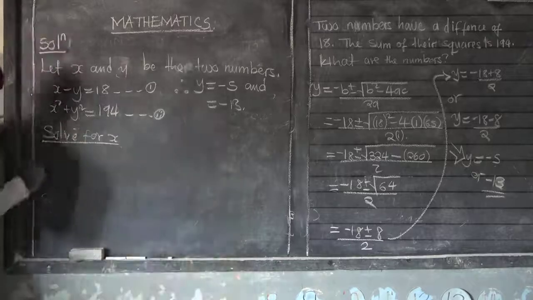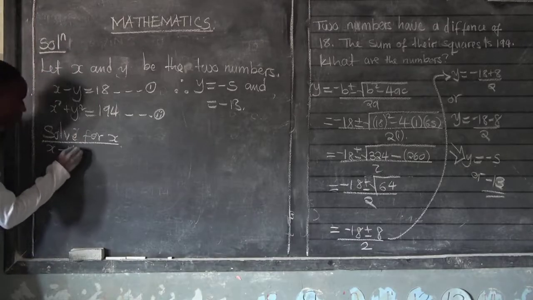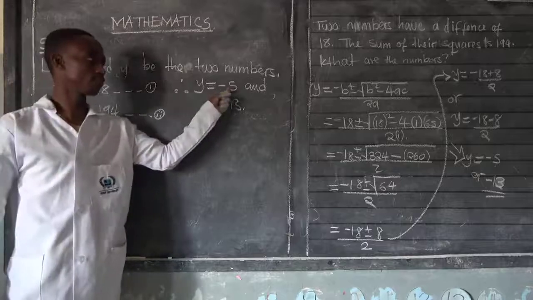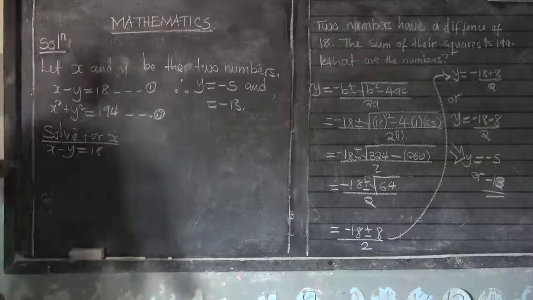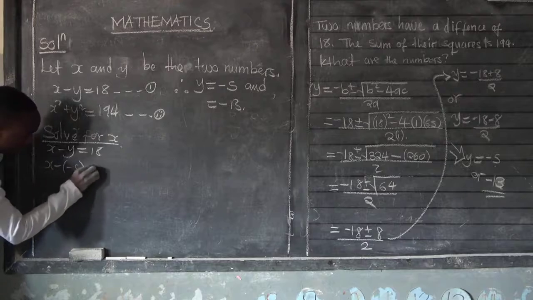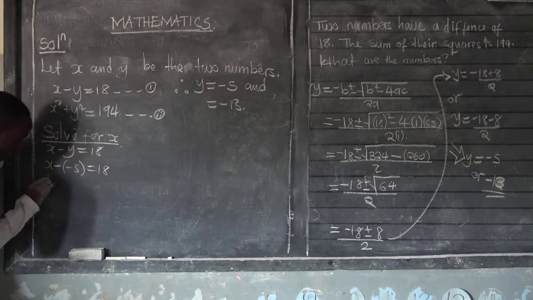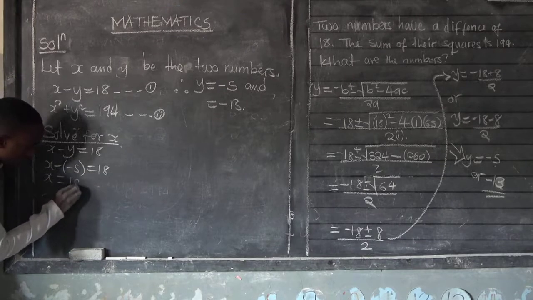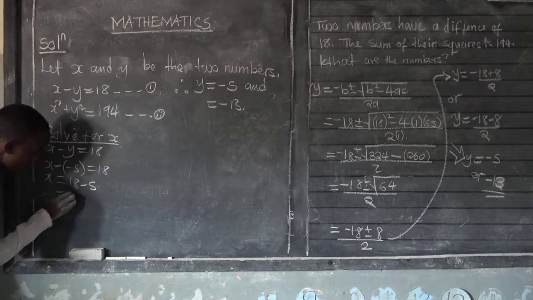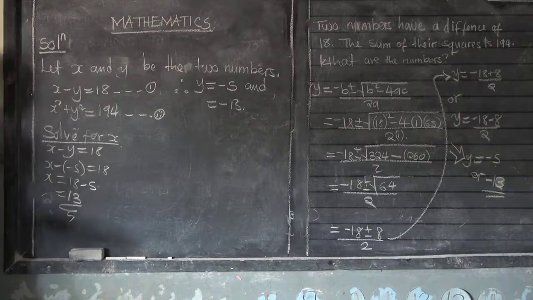Equation 1 is x minus y equal to 18. Based on the first value of y, which is negative 5, we say x minus negative 5 equals 18. So x is actually equal to 18 minus 5. What is 18 minus 5? The answer is 13.